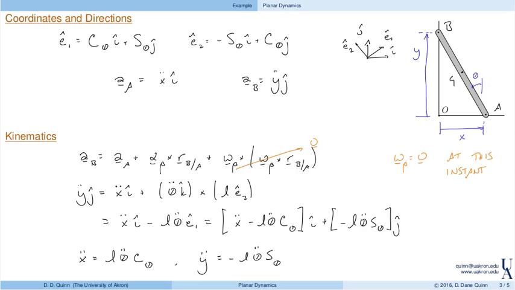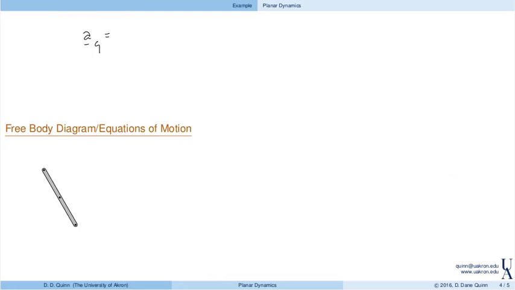When we apply equations of motion, we'll need the acceleration of the mass center. So the acceleration of the mass center is, and let's go back and just pick one of these. Let's pick A, and we'll write the acceleration of G in terms of the acceleration of A and the rotation.